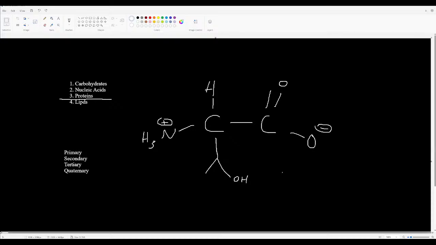So now proteins exist at a specific pH, at a specific heat and temperature, and at a specific folding, right?